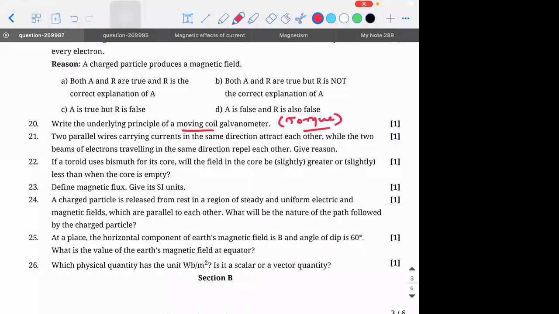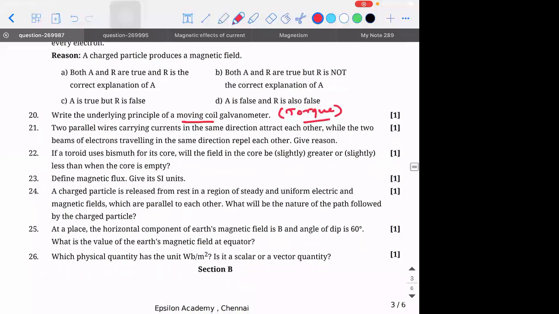Torque experienced by a current carrying coil placed in a uniform magnetic field. Two parallel wires carrying currents in the same direction attract each other, while two beams of electrons traveling in the same direction repel each other. Give the reason for it.